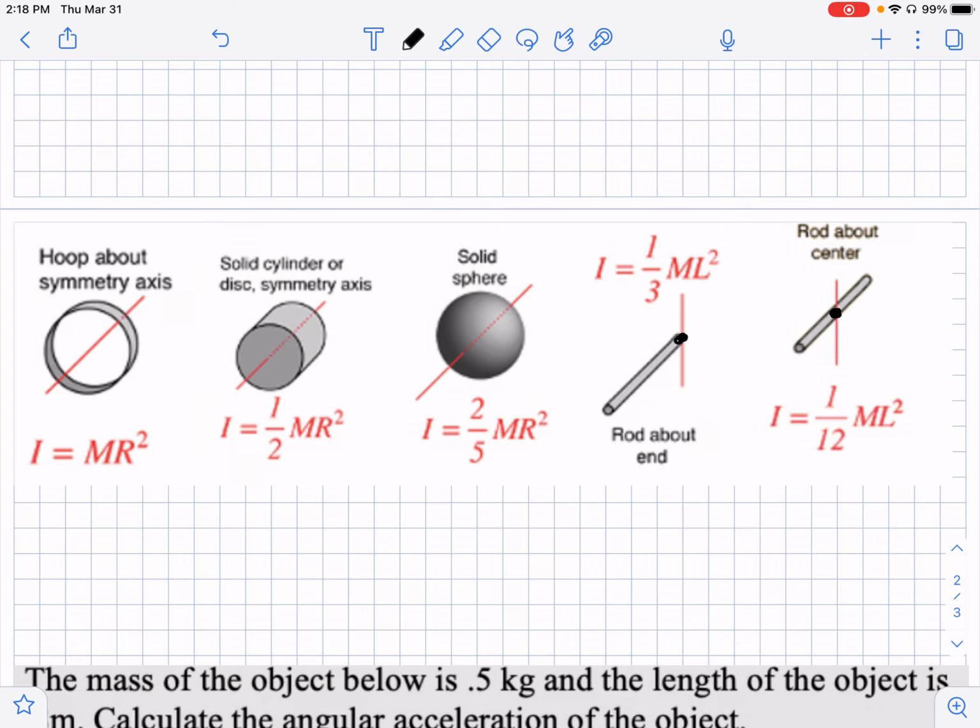On the AP exam, they're either going to give you the expression for that particular object, or they'll tell you I equals some value. So you don't have to look for them on the chart.